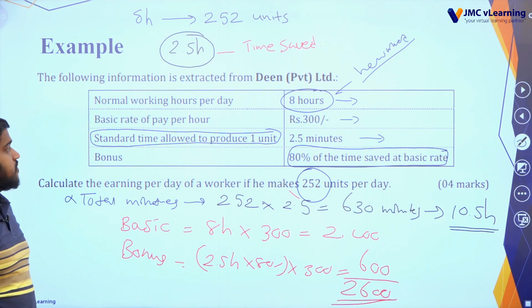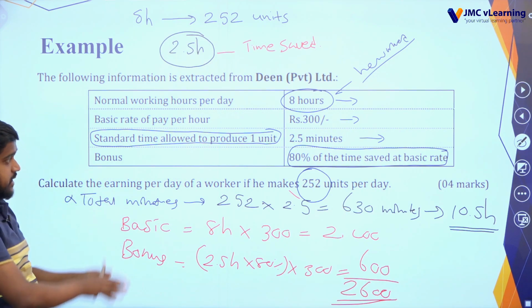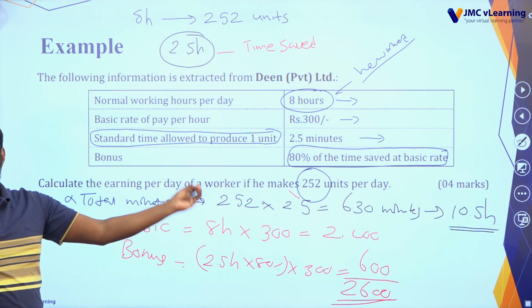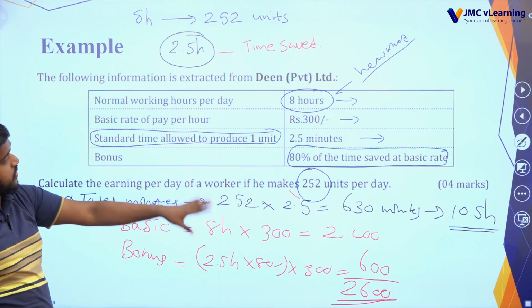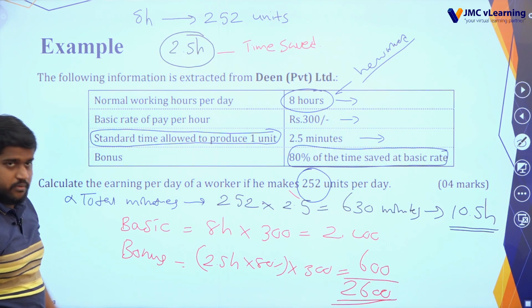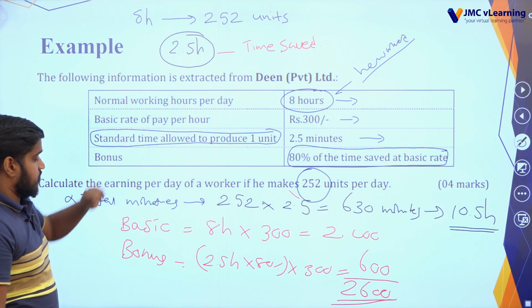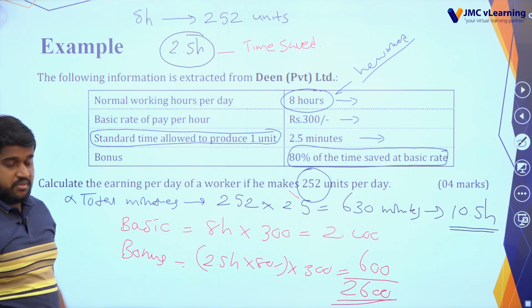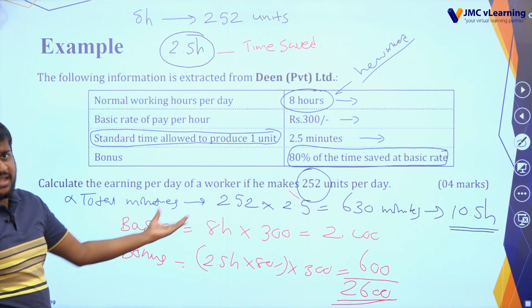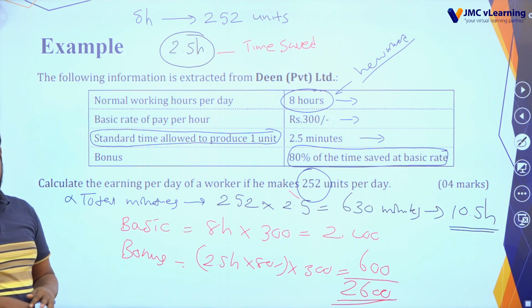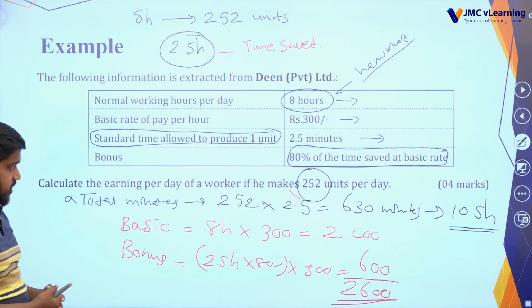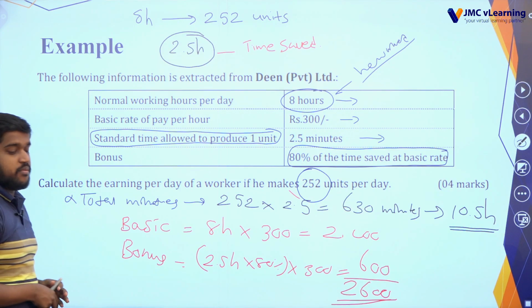But the employee worked only 8 hours, so he saved 2.5 hours. Then we multiply it by 80%, because they say 80% of the time saved, then multiply by the basic rate to get our bonus payment. This is the way we can calculate the bonus payment.